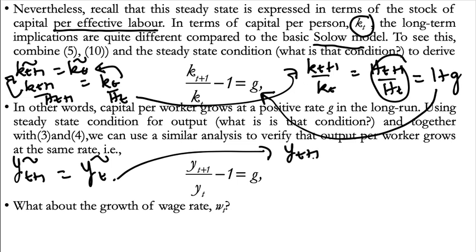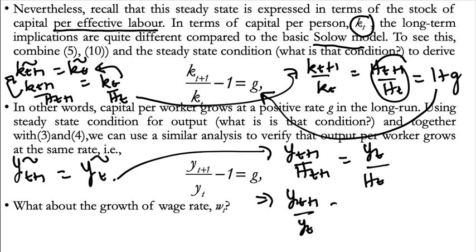So yt plus 1 over ht plus 1 equals yt, small letter, over ht, okay. And then we cross multiply this, and we use equation 10. Then we can get something like this. Yt plus 1 over yt, yeah, equals ht plus 1 over ht, yeah, equals 1 plus g. And then you rearrange, you can get something like this.